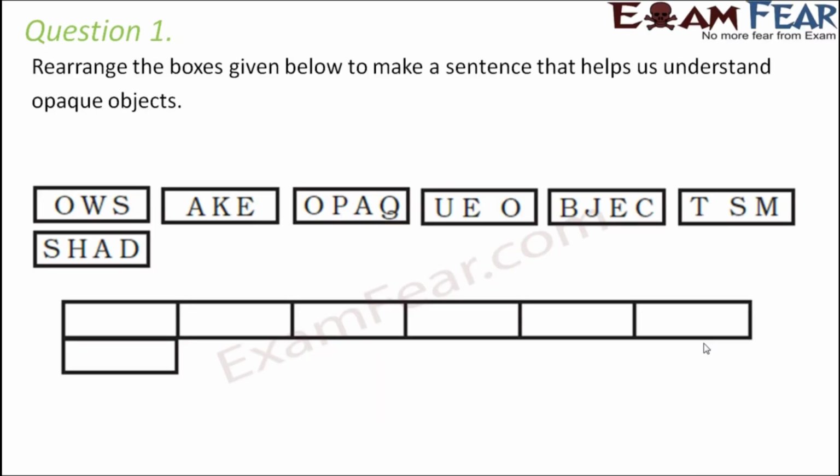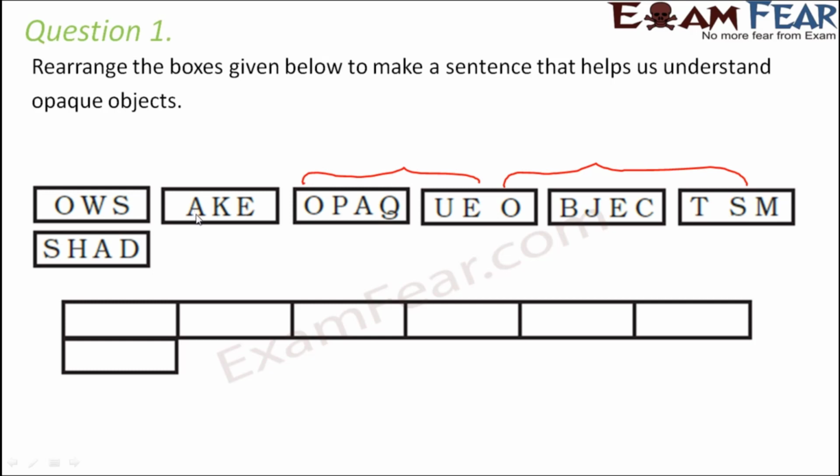Question number 1. Rearrange the boxes given below to make a sentence that helps us understand opaque objects. So here you have different parts of words. So as you can see here, one thing that is very clearly visible is opaque. So this is opaque, this is objects. So this makes opaque, this makes objects, and then you have M left out here.